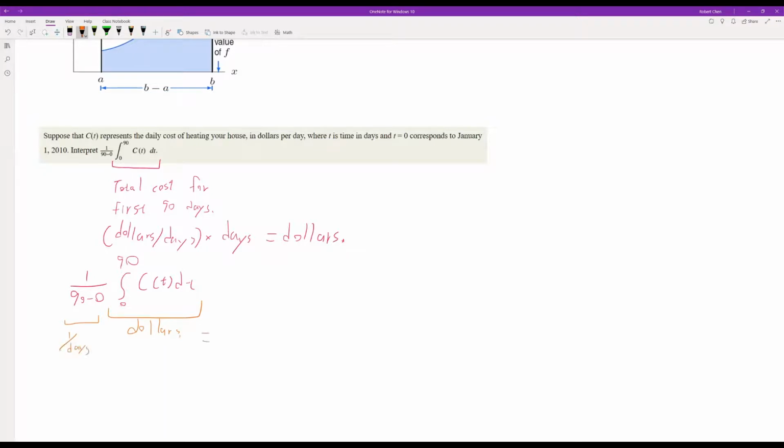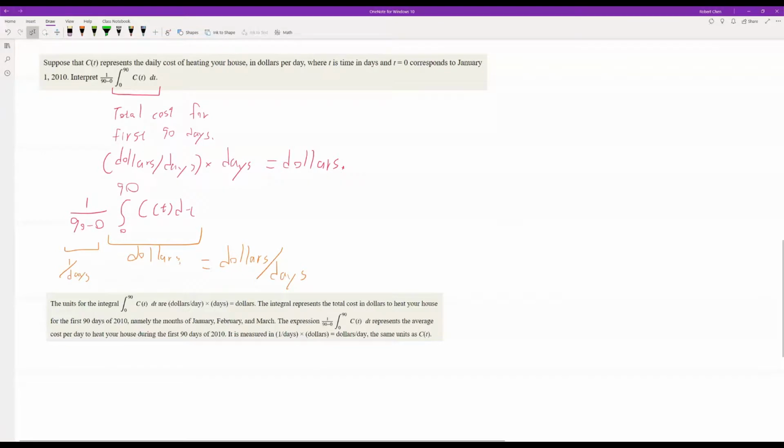So that gives you dollars per day, which is the same unit as our capital C of T. We know that the cost during each day is going to be different, so what we have here is the average cost per day. Here I've included a little writing down of what we just talked about.